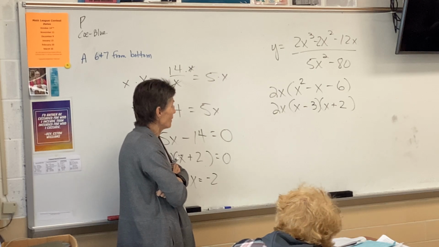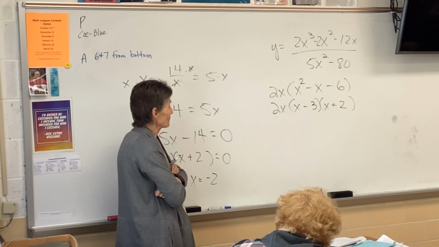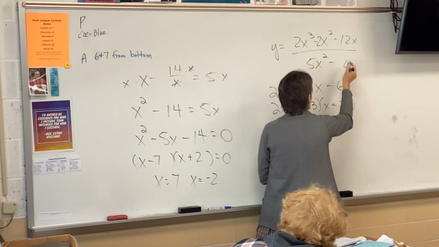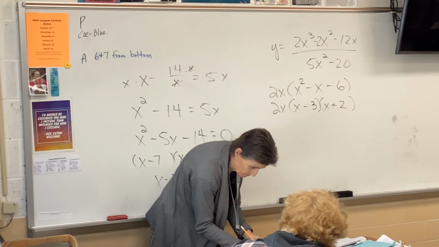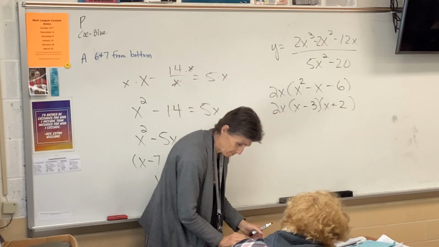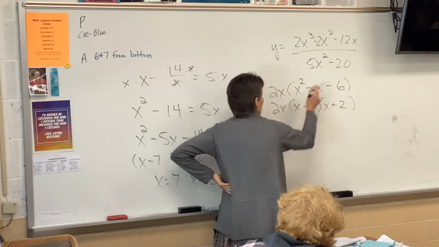The bottom too. So we're gonna change that 80 to a 20. I don't know what I was doing. Like this. Hopefully the other side's better. Change that 80 to a 20.